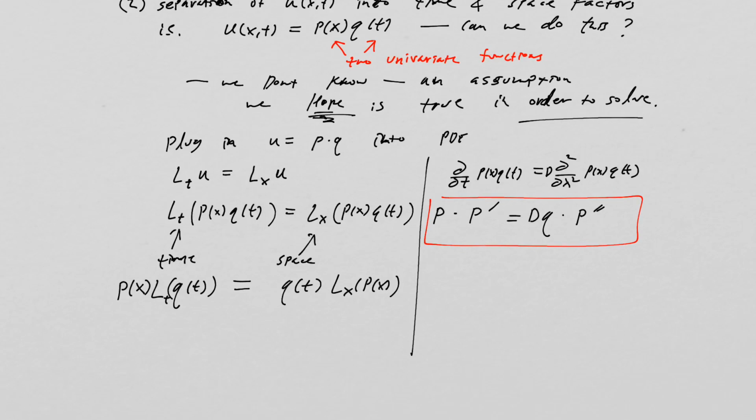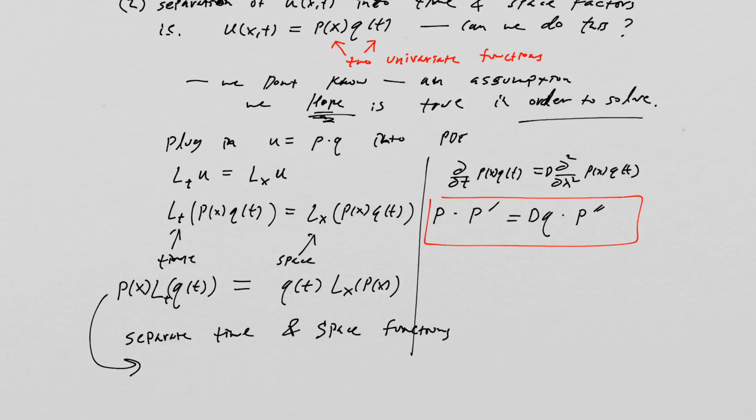Okay, so from here, now what we want to do is separate time and space functions. And so what we're going to do is take this and move everything over.